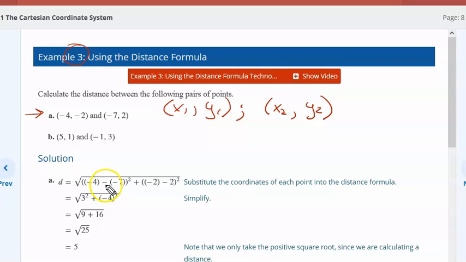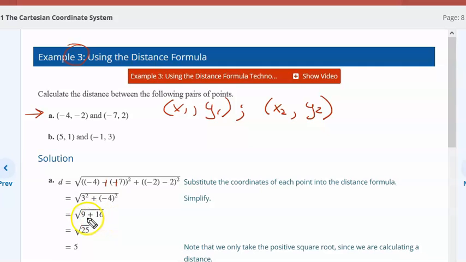So here, this is the opposite of a negative, which makes this a positive. So -4 and a +7 gives you a +3 that you're going to square. And this is a -2 and a -2, which adds up to a -4 that you're going to square. So this gives you a +16.